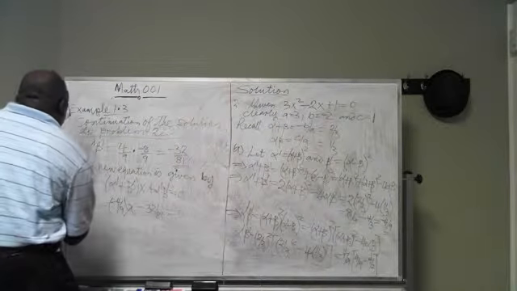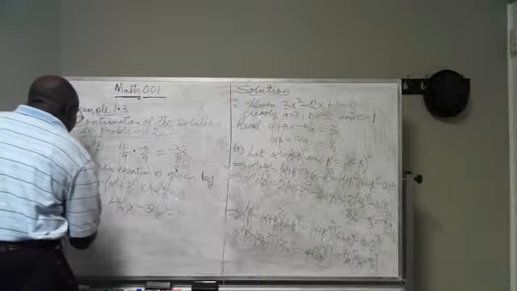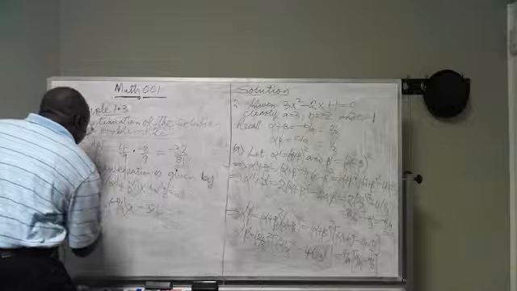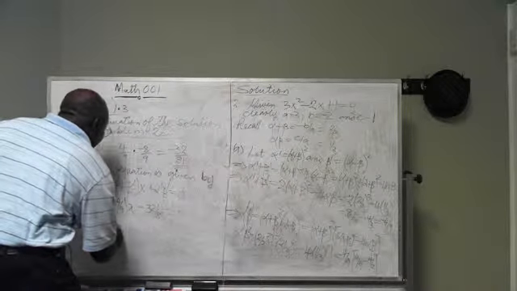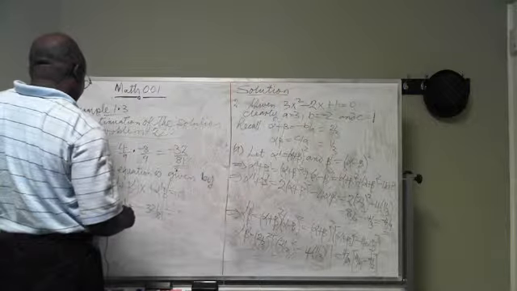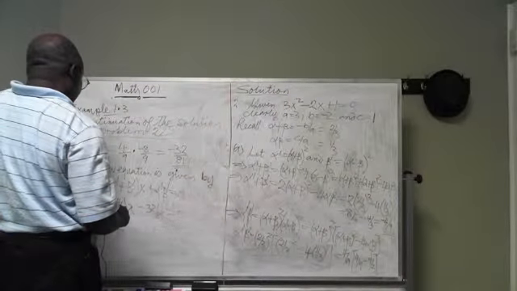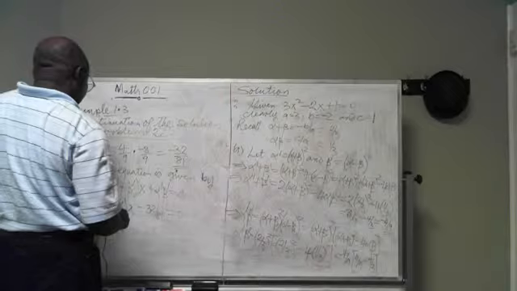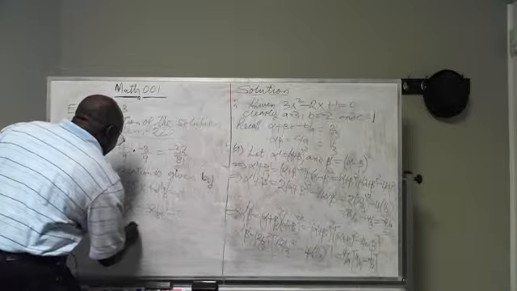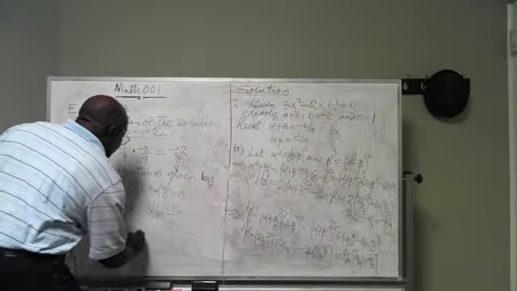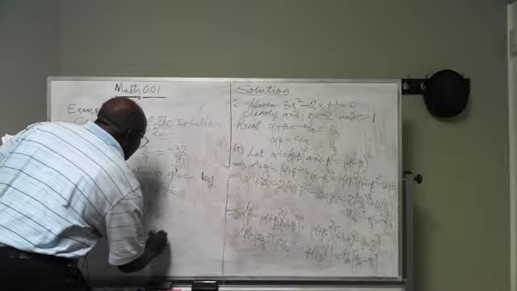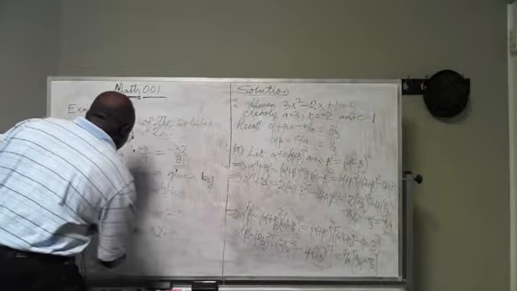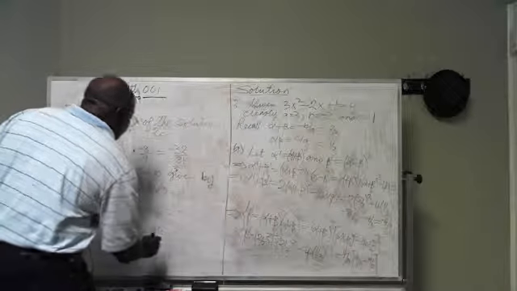So upon simplification, our new equation will be 81x squared plus 36x minus 32 equals 0. So this is our new equation.